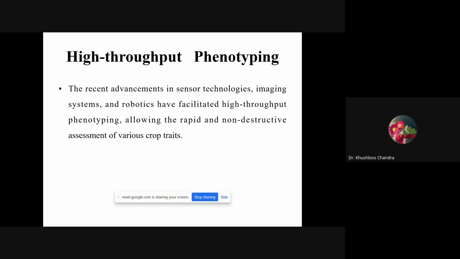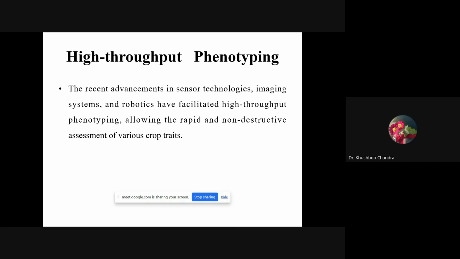In this phenotyping process, we utilize different types of sensors, imaging and robotics to measure different plant traits. The plant moves along a conveyor belt, and they can scan whatever the trait may be, root parameters or shoot parameters.